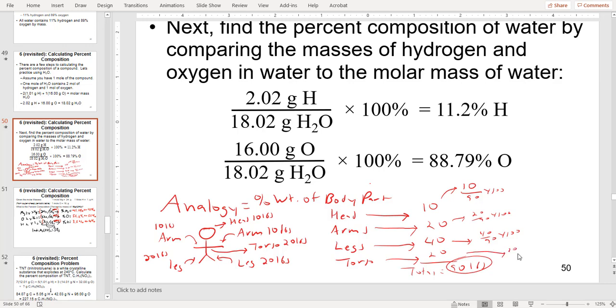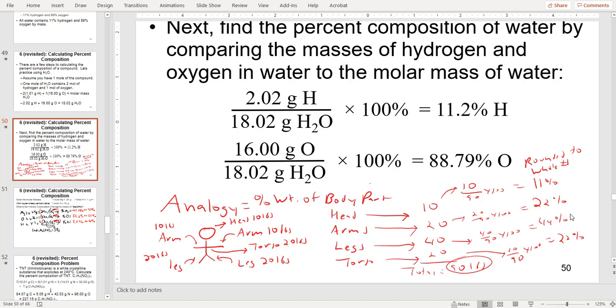And then total amount for the torso, even though there's only one, divided by the total times 100. And this gives us the percent body part weight. So here is the percentage by weight for each of the body parts. 11% for the head, 22% for the arms, 44% for the legs, and 22% for the torso.